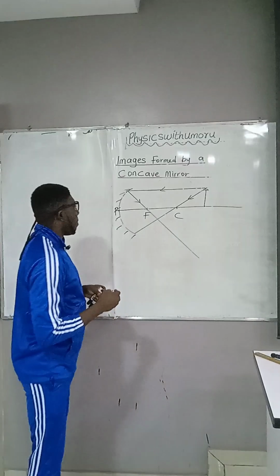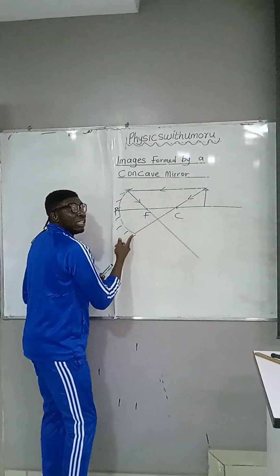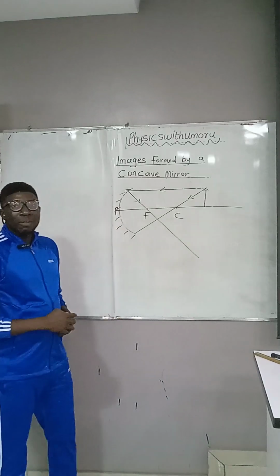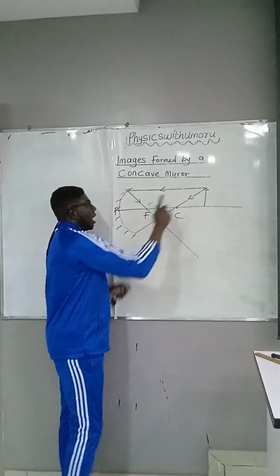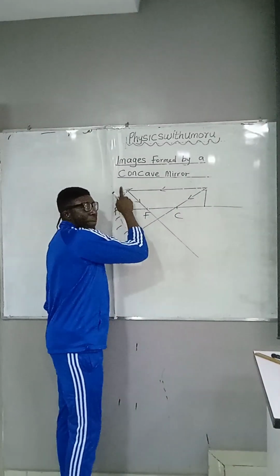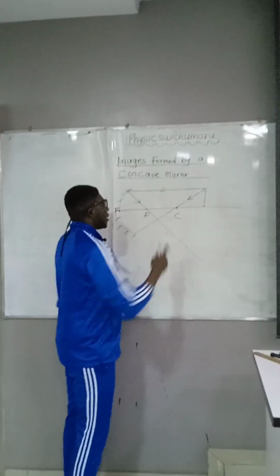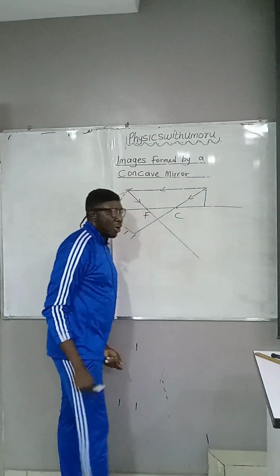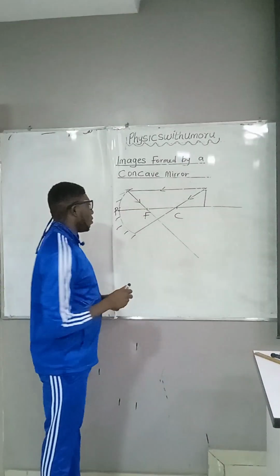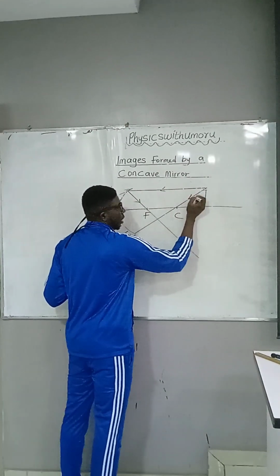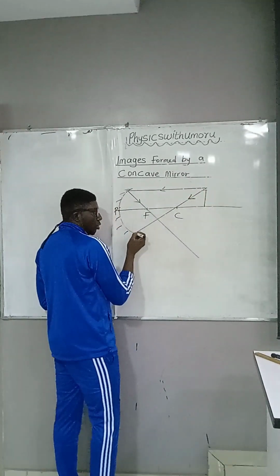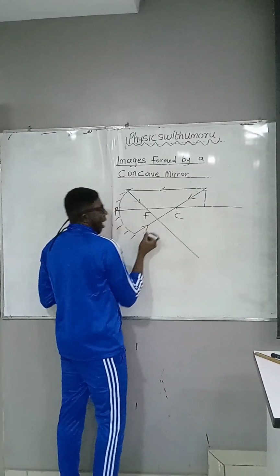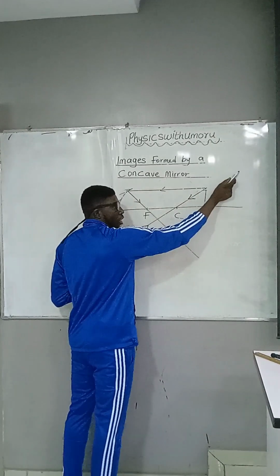Any ray of light that passes through the center of curvature is going to bounce back through the center of curvature. I said any ray that is parallel will pass through F, but any ray that passes through the center of curvature is going to return back through the center of curvature. So take note of this. This is the incident ray, and it passed through the center of curvature. So when it hits the mirror, it's going to reflect back through the center of curvature.